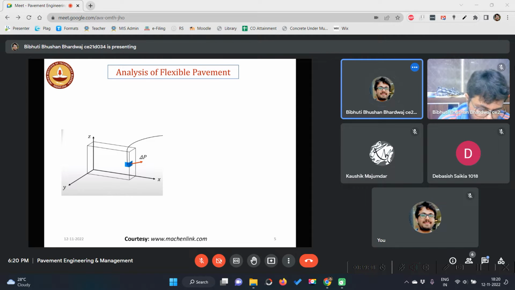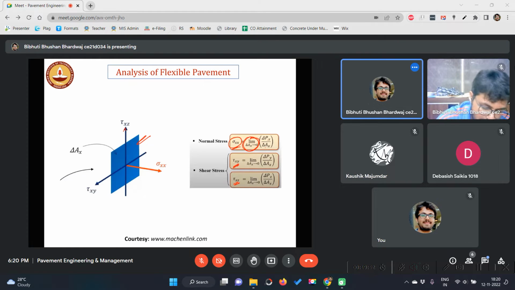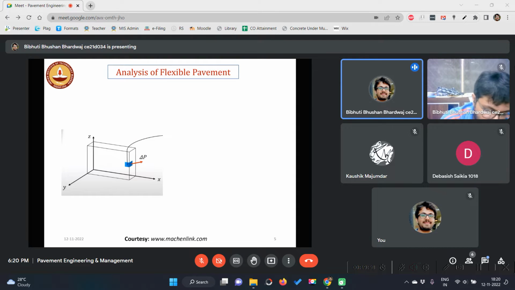Okay. Now for this surface, can you tell me what will be the stress components? Just think for 1 minute, both of you, and let me know these values. What will be the direction of the area or the surface? Sigma zx.